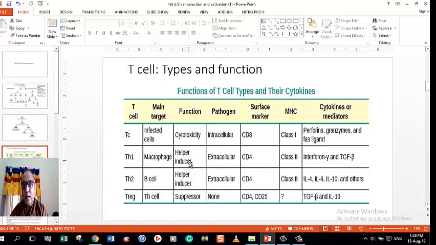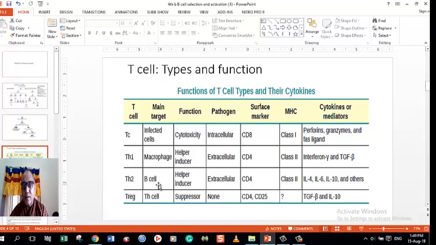Once these macrophages present the pathogens or the foreign particles to the T helper cell, the T helper cell will produce certain chemicals which will signal the other T cells or the B cells or the neighboring cells. So interferon gamma or TGF beta will help to transmit the message to the other T cells or the neighboring cells.